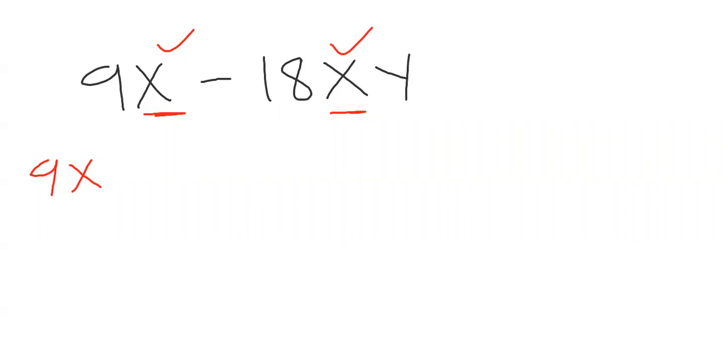A variable that is present in both terms has to go outside the brackets. We have a y here, but we don't have a y here, so we can't take y outside the bracket. We only take the variable outside the brackets if it is present in both terms.